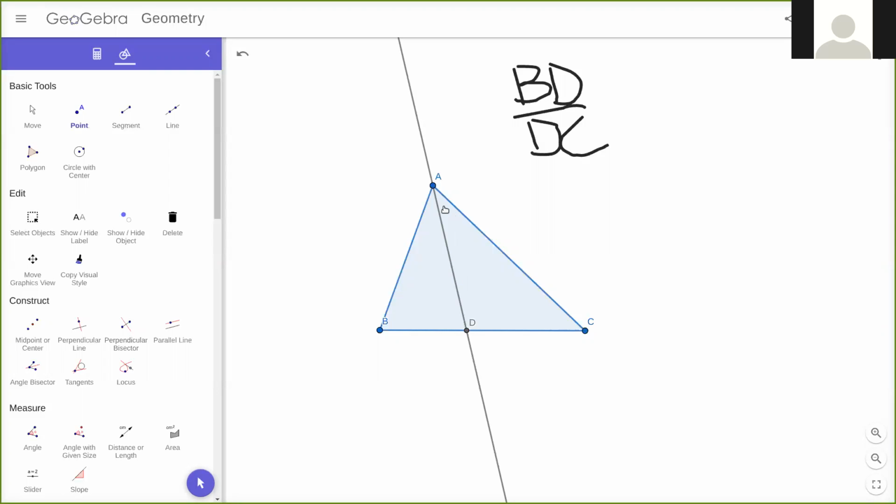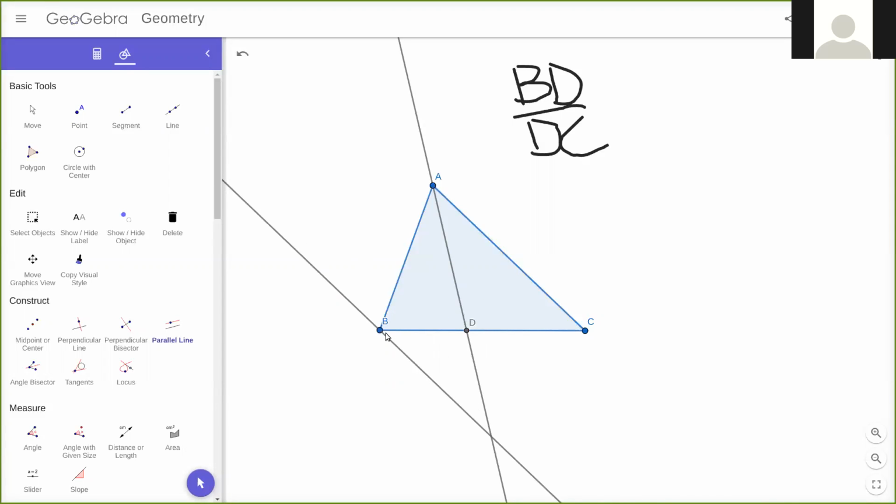If we want a property about the lengths, in order to define it, we use a property about the angles. We want this angle to be equal to the angle BD something, and we want this angle to be equal to the opposite angle. And to do that, we create a parallel line.